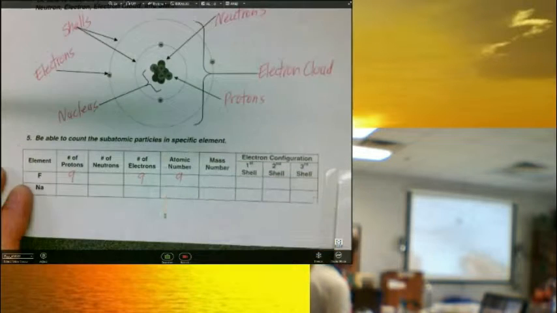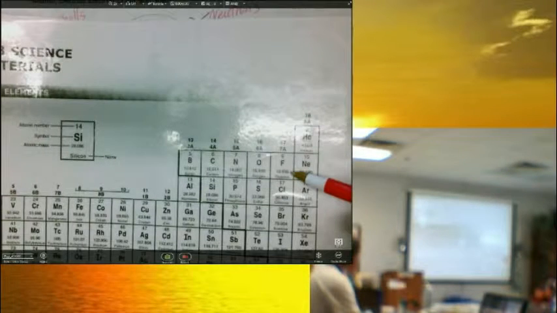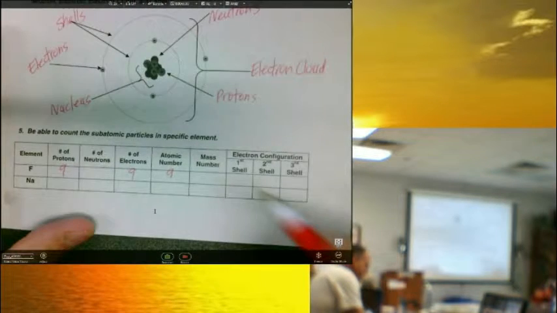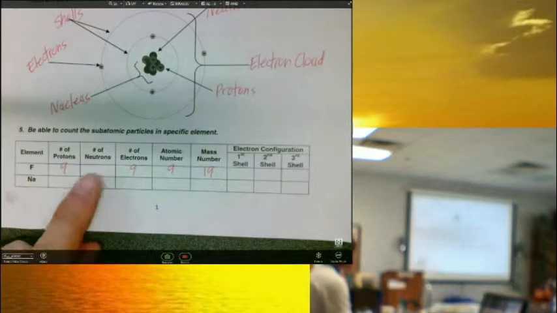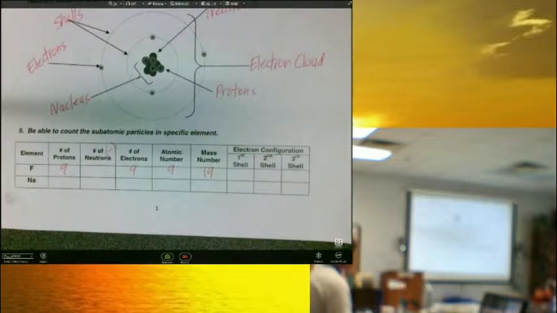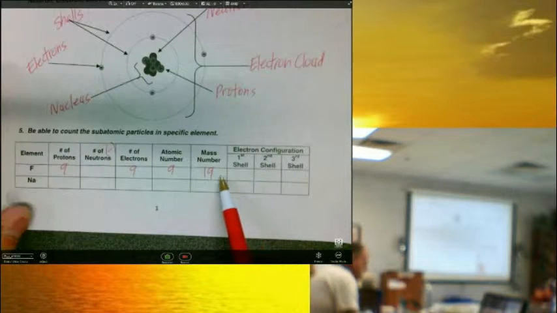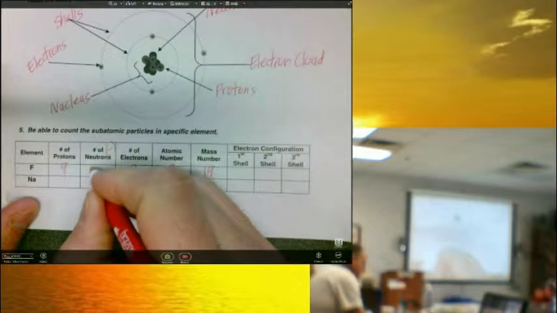Remember, those will always be equal. To get the mass, again, you look at the periodic table. It is 18.9, which you round to 19. So our mass is 19. To find the number of neutrons, it's always a matter of subtraction. You subtract the atomic number from the mass. So 19 minus 9 is 10.